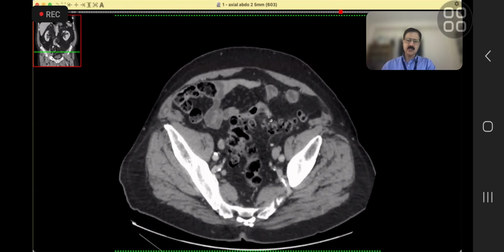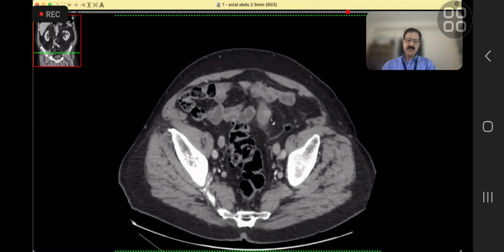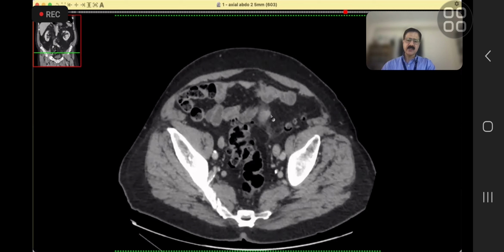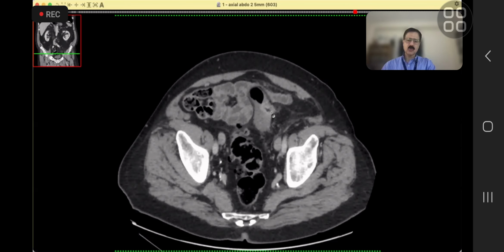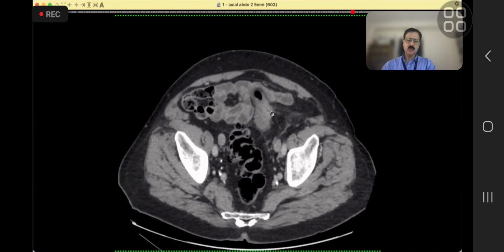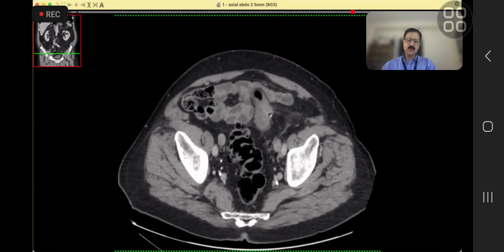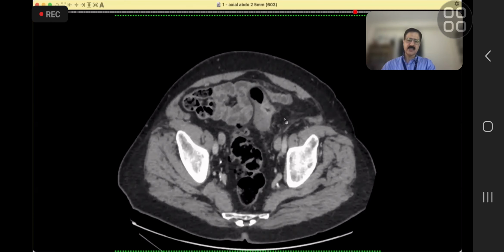Just keep tracing it. Actually, this is a fistula which is tethering the superior fundus wall of the urinary bladder. And then if you look carefully, there is an intramural abscess. If you go right and left, you can see that it is tracking inside.